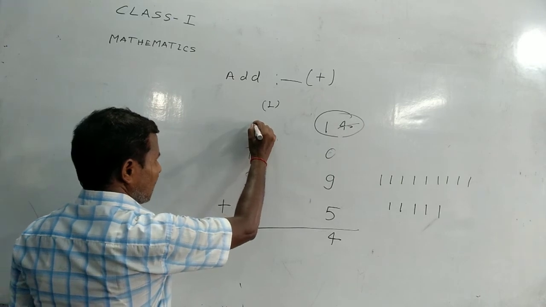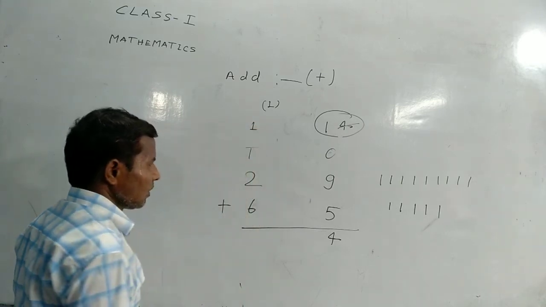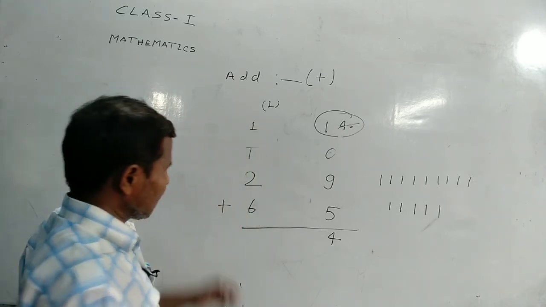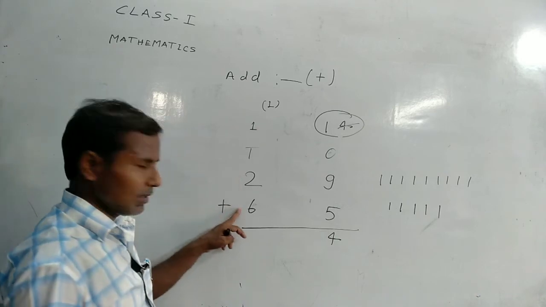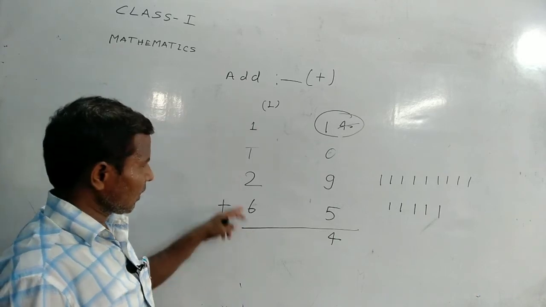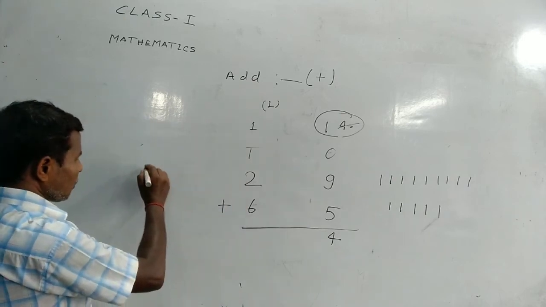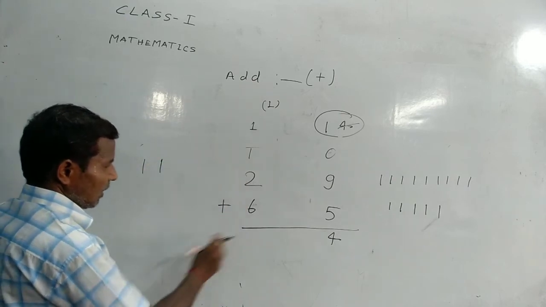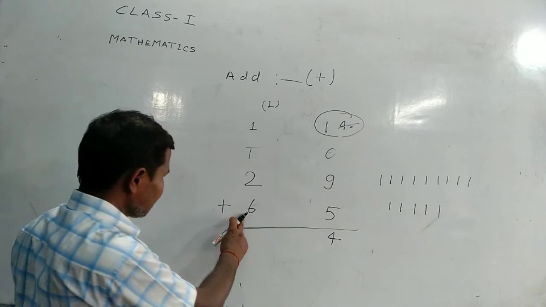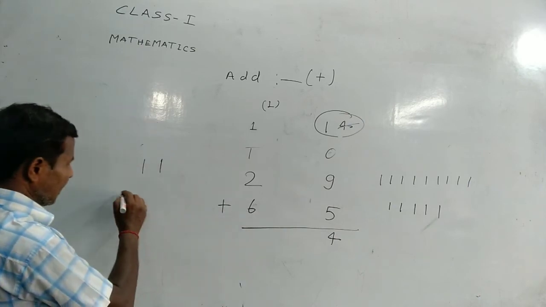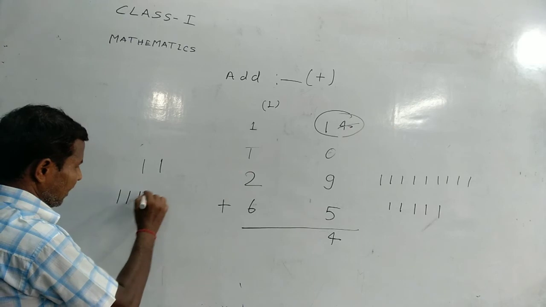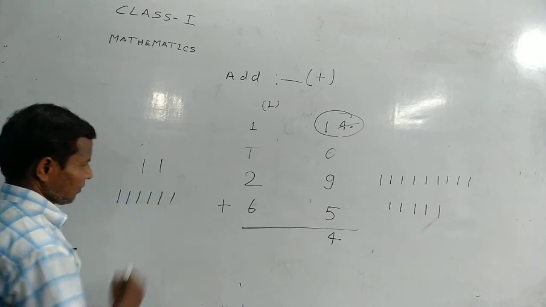Now find out the sum of 2 and 6. Now draw 2 lines, 1, 2. And here is written 6. Also draw 6 lines, 1, 2, 3, 4, 5, 6.